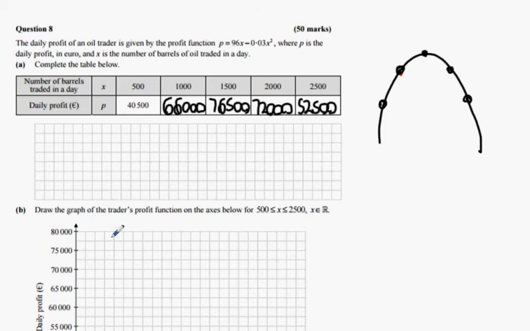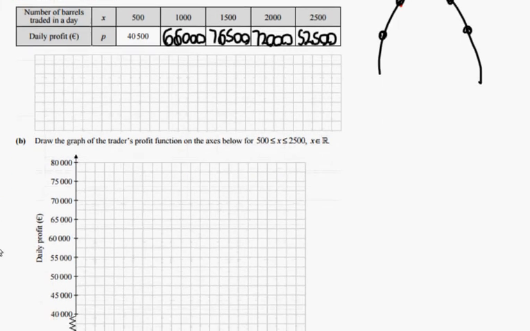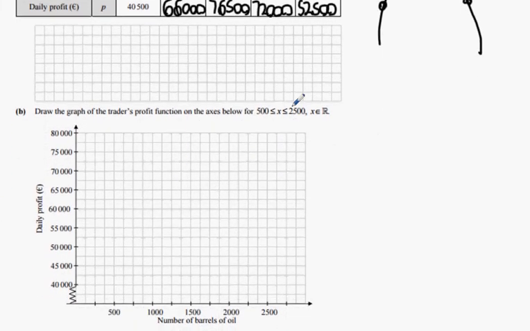Okay, so it says draw the graph of the profit function on the axis below. So draw out the numbers basically. So what we're going to get is 500 and 40,500 around there. 1,000 is going to be worth 66,000, which is going to be around here.